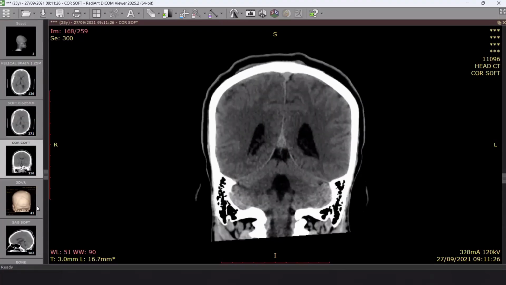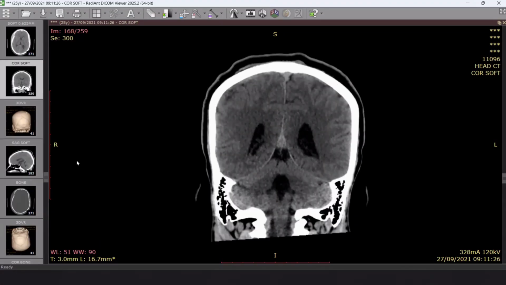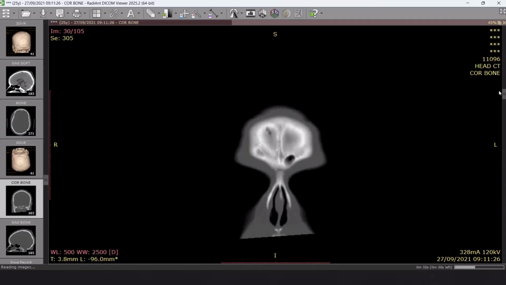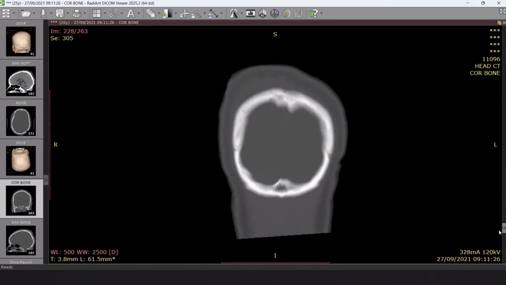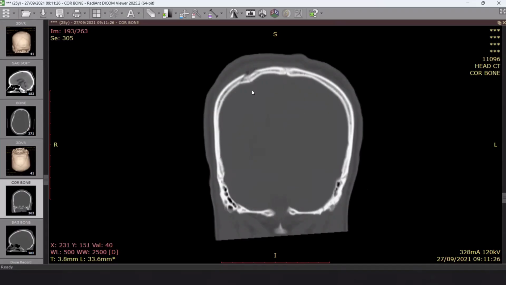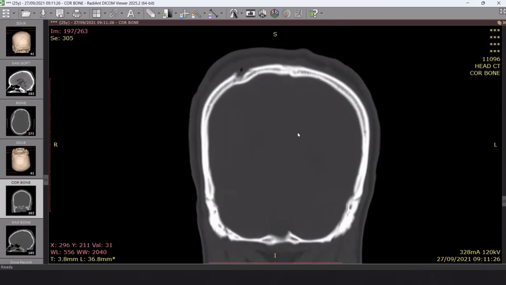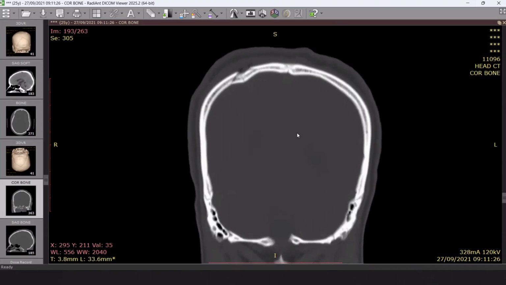Sorry, the bone window. Just a minute. I suspect that it's a depressed fracture. Yes, you are right, it's a depressed fracture. It doesn't seem to exceed the full thickness of the calvarial bone.